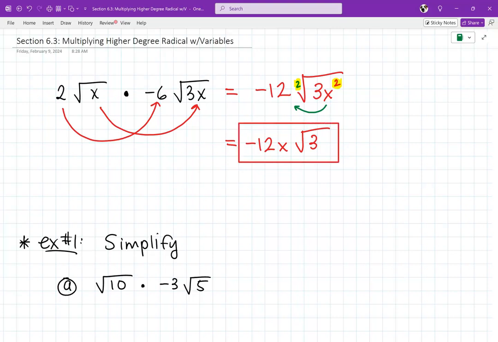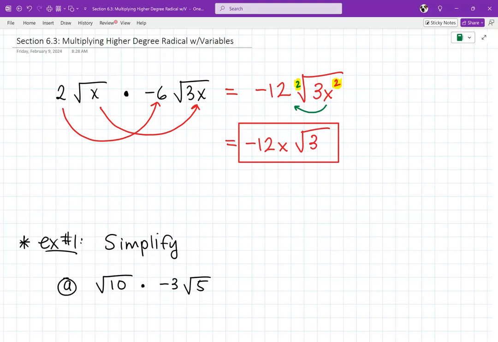So what makes multiplication simple is that it just doesn't care. It doesn't care if the radicals match. It doesn't care, well, it does care if they're not the same index, but most of these questions will have the same index. It doesn't care if the radicands are different. It doesn't care what the numbers are in the front. It's going to multiply the numbers in the front. It's going to multiply the radicands.